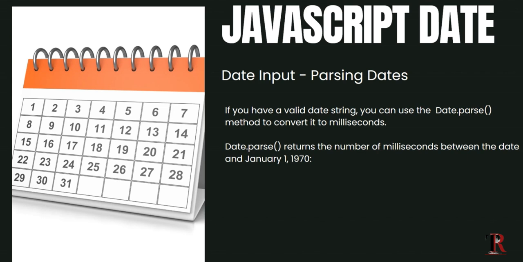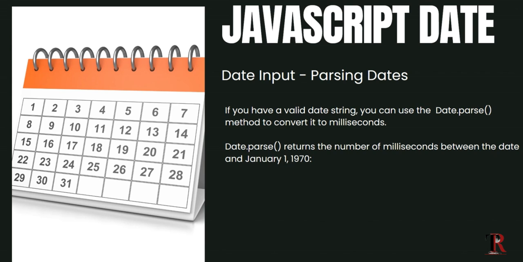So going forward from that, we are moving to another aspect of date objects in JavaScript, and we are going to be looking at how to parse dates in JavaScript. So when you have date input, how do you parse them? If you have a valid date string, you can use the Date.parse method to convert it to milliseconds.